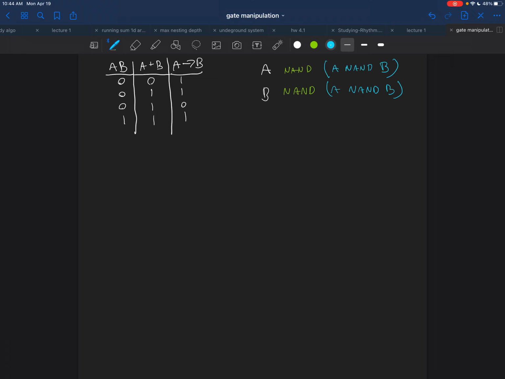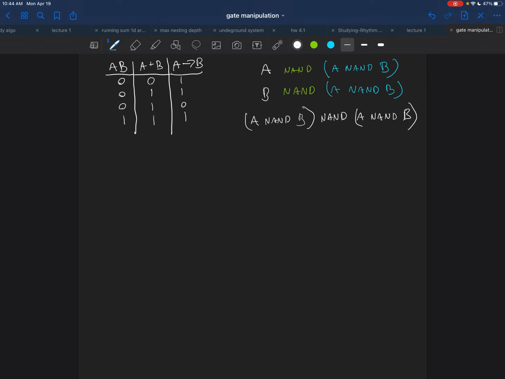Well, what else could we do? Well, we could try A NAND B NAND A NAND B. Okay, that's another possibility, but it seems excessive.